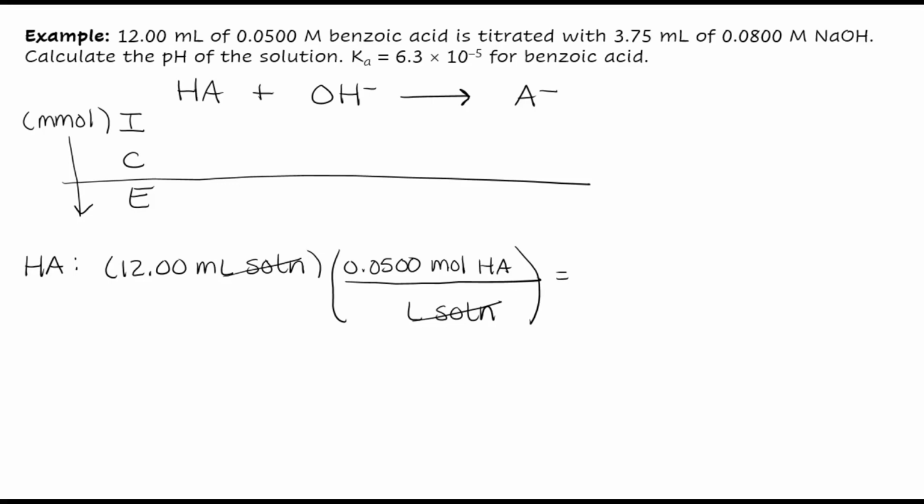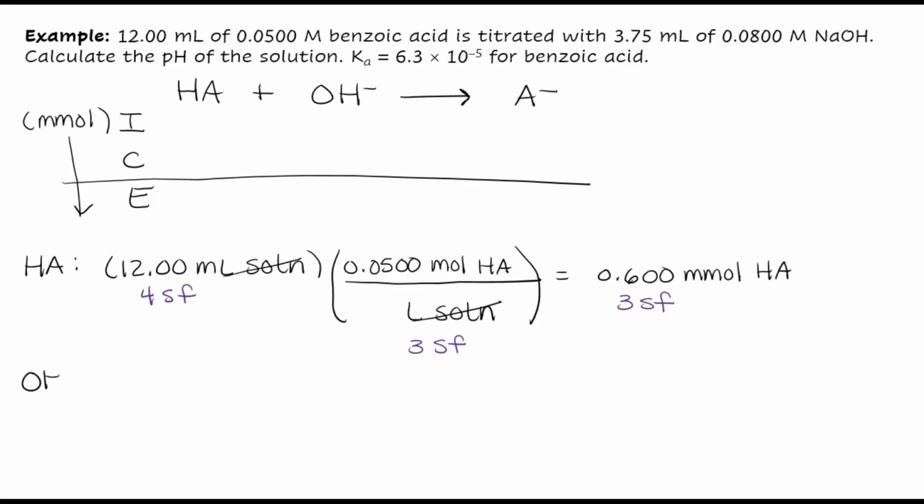For our sig figs, we have 4 sig figs in our volume, 3 sig figs in our molarity. So when we round to the fewest number of sig figs, our millimoles will have 3 sig figs. Doing the calculation, we have 12.00 times 0.0500 rounded to 3 sig figs gives us 0.600 millimoles of HA.